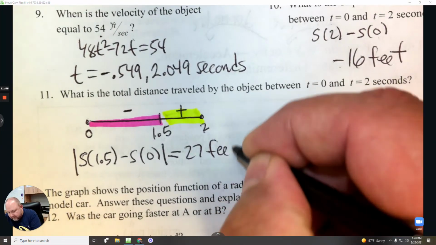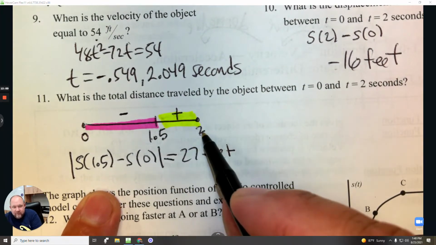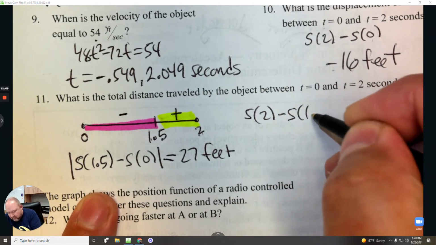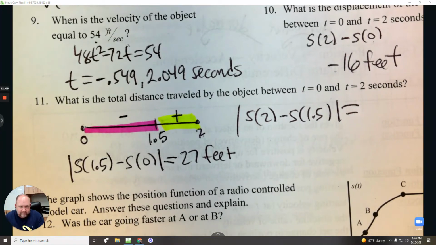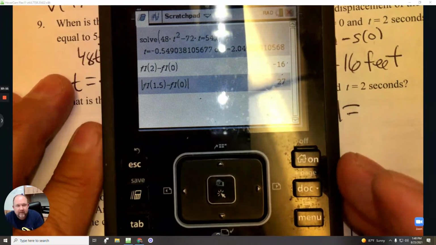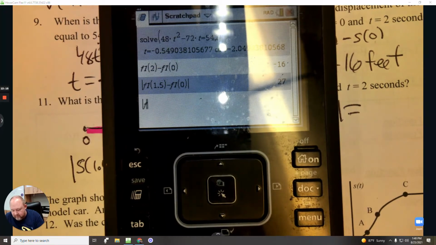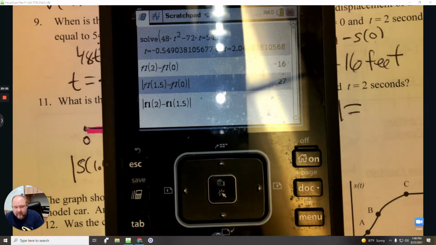That's 27 feet. Now, I'm also going to do this from 1.5 to 2. So that would be S at 2 minus S at 1.5. Again, we only want the positive answer there. So absolute value, now it's at 2, subtract 1.5.